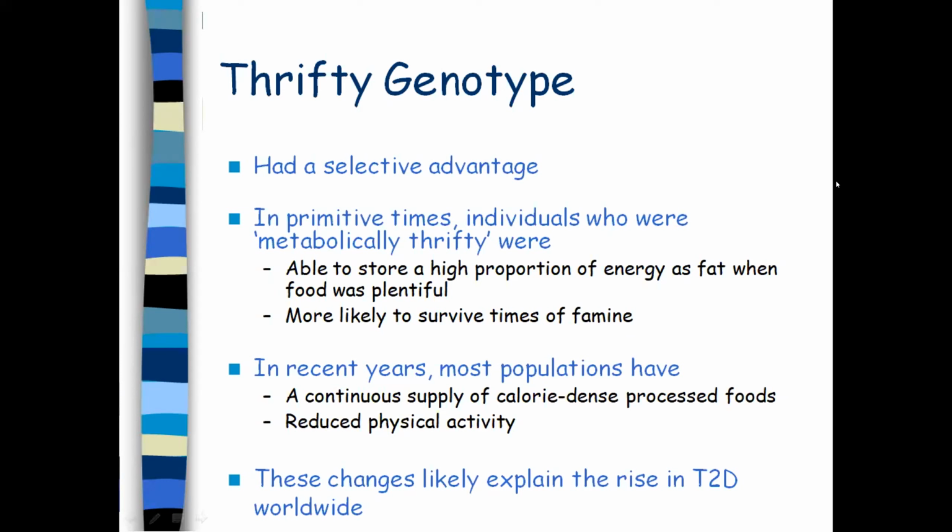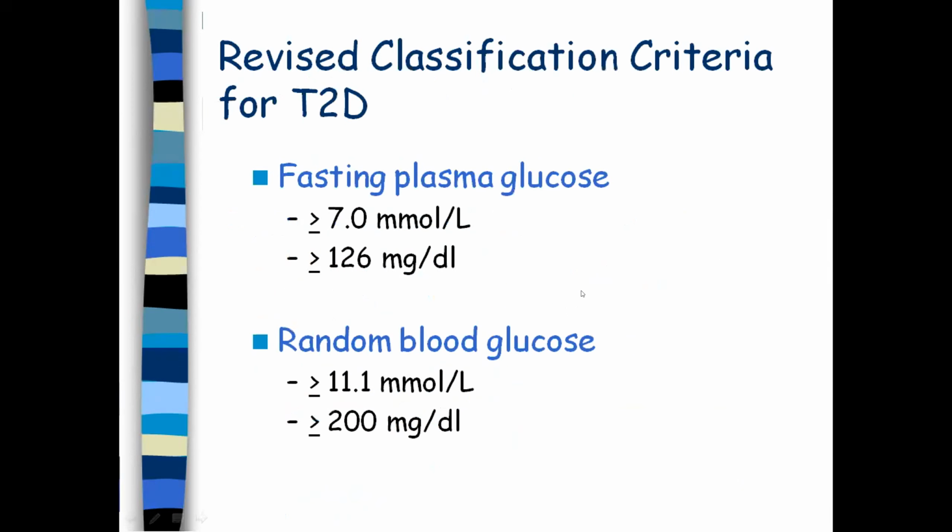Nowadays, due to change in lifestyle as well as calorie dense processed food like fast food, glycemic control has changed, and due to reduced physical activity, since burning of calories and physical activity is necessary, there will again be development of insulin resistance, and these changes are likely to explain the rise in type 2 diabetes.